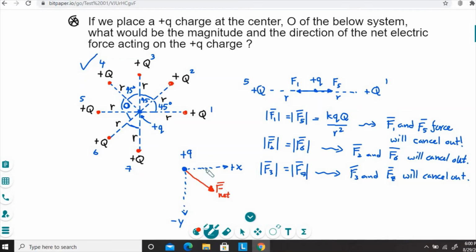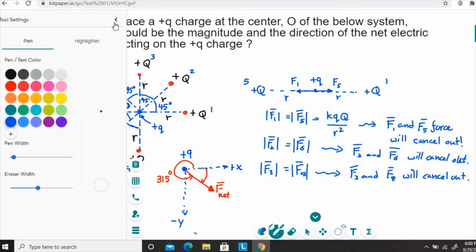and it will make an angle of 45 degrees downward with the positive x-axis, or if you are measuring it in the counterclockwise direction, you can see this angle would be 315 degrees from the positive axis measured in a counterclockwise direction. And what is the magnitude of this force?